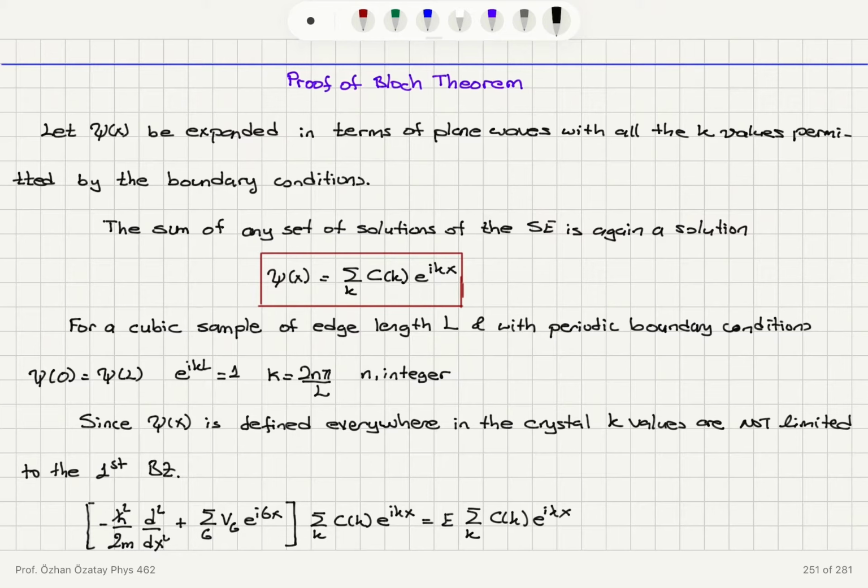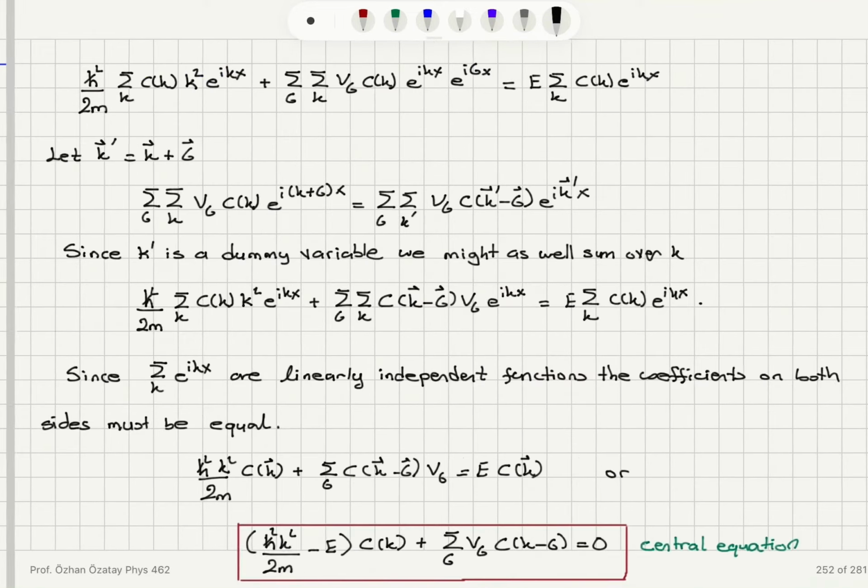And then for the potential that's expanded as sum over g of V_g e to the igx, that's a Fourier series expansion, so that will give us e to the i(g plus k)x, sum over k and sum over g. And on the right hand side we have energy times sum over k c_k e to the ikx. So this is just Schrodinger's equation where we have substituted for the wave function psi the plane wave expansion sum over k c_k e to the ikx.